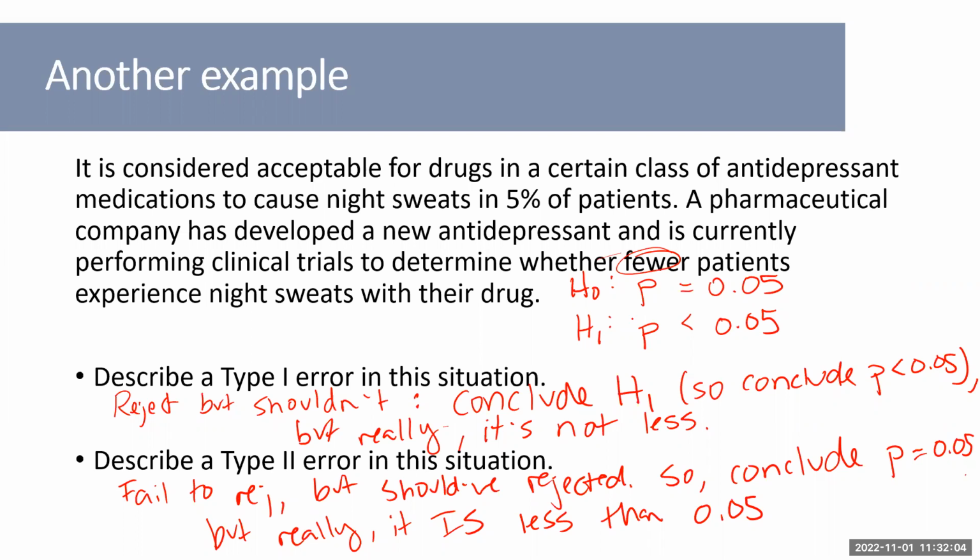Now, on a type 2 error from the drug company standpoint, that's not great either, because they concluded, hey, ours isn't any better, so we're going to miss out on that whole marketing thing. But really, it was less than 5%. So they could have made a lot more money, and they could have encouraged more prescriptions and things like that, because, hey, they do have a leg up on competitors. Okay. So it really depends, when you're talking about which one's better, on the scenario at hand.